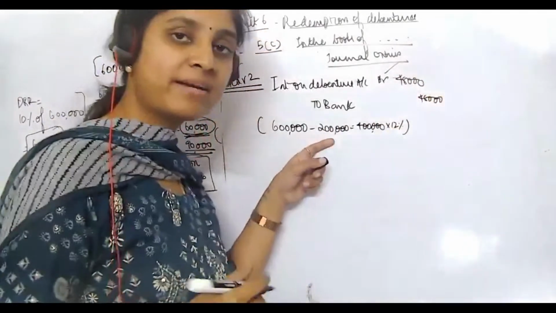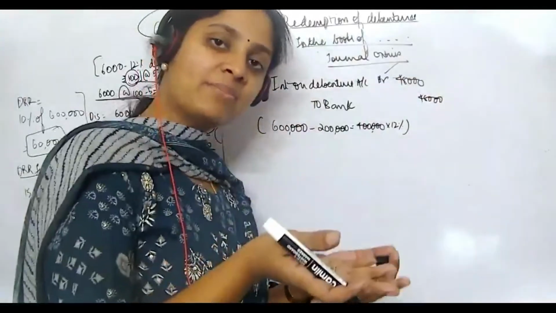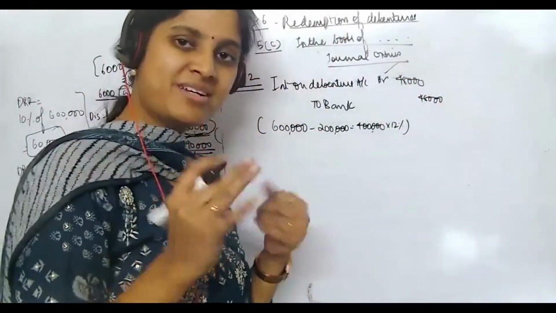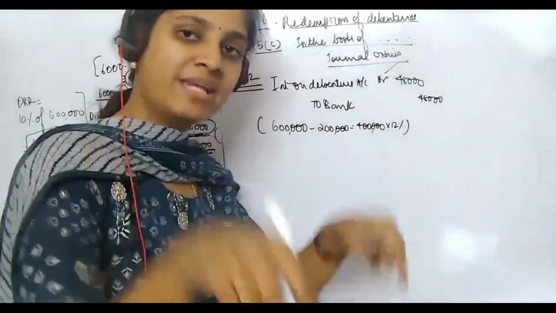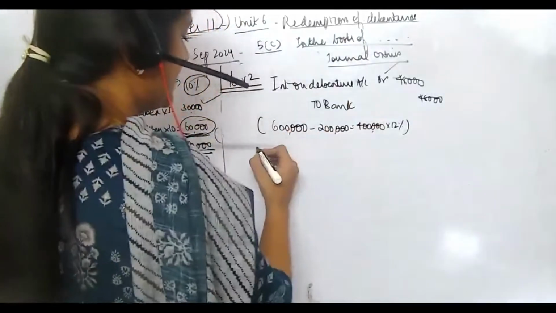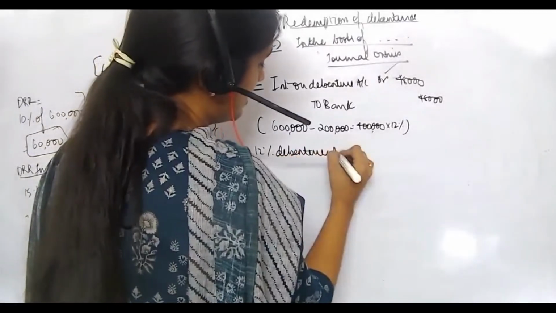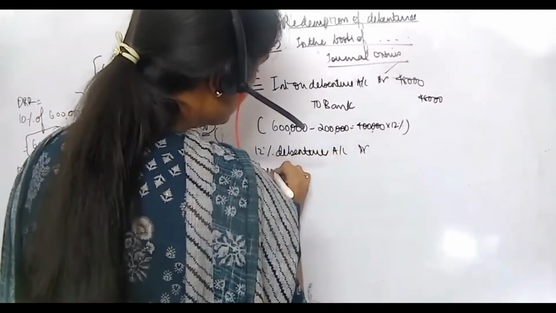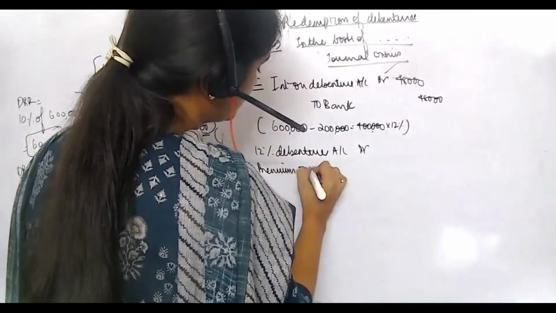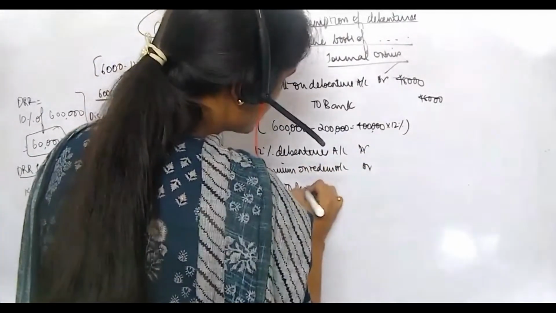Why did you do this, madam? Because I repaid a portion of the debentures. If I don't have their money of this 2 lakhs, why should I pay interest? I will pay interest on the money I have with me. So 6 lakh minus 2 lakh, this is 4 lakh. The next entry will be the redemption entry. 12% debentures account debit, premium on redemption account debit, to the debenture holders.